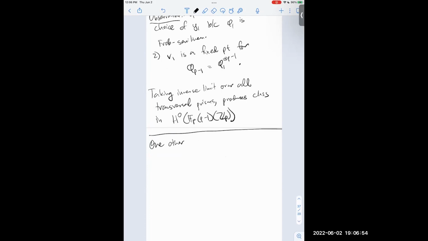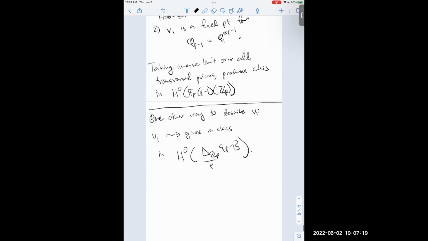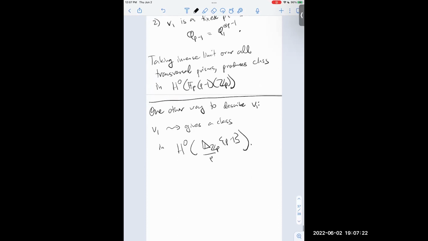So one other way to get a handle on V1 is that V1 defines a class in H0 of the prismatic homology of Zp twisted by p minus 1 mod p. And for this prismatic homology of Zp with mod p coefficients, there's a very nice description of the Nygaard pieces.